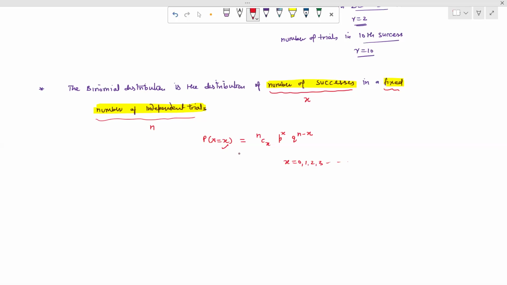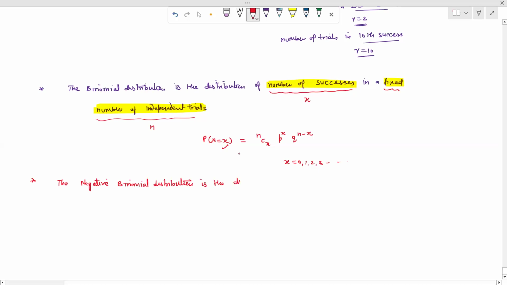Now we move further to the negative binomial distribution. The negative binomial distribution is the distribution of the number of trials needed to get a fixed number of successes.